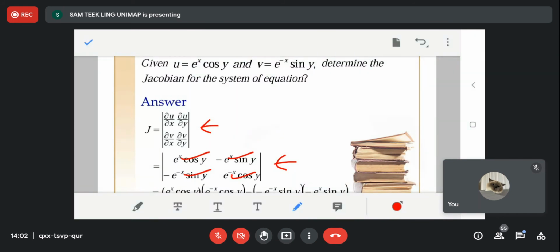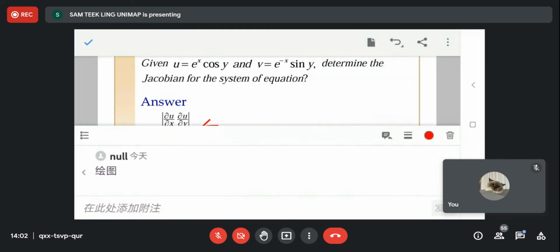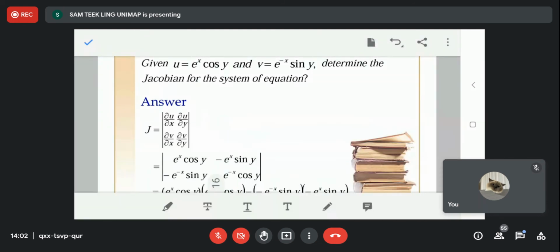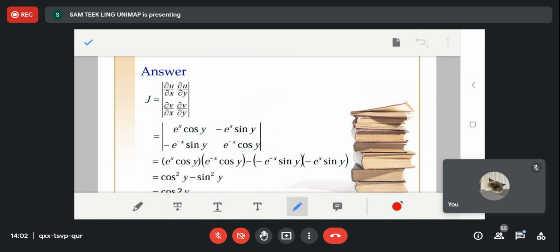This is why I said don't skip, because we will check whether you differentiate with respect to x and with respect to y correctly. Then finish this one and go to the next. We solve the determinant. For the determinant A, B, C, D, it is A times D minus B times C. So follow this determinant: AD minus BC.